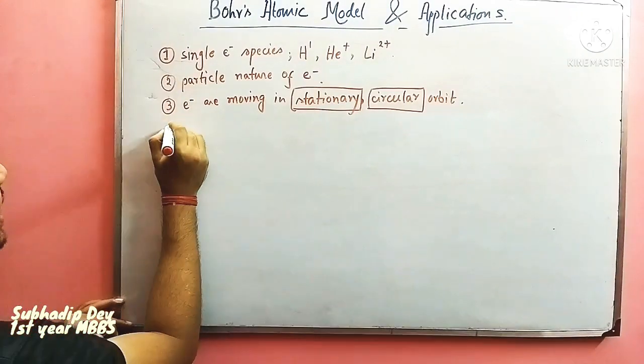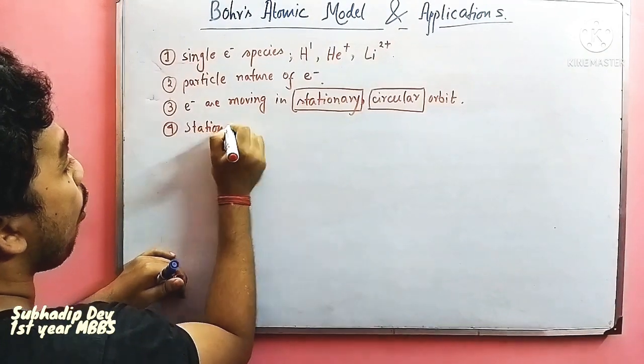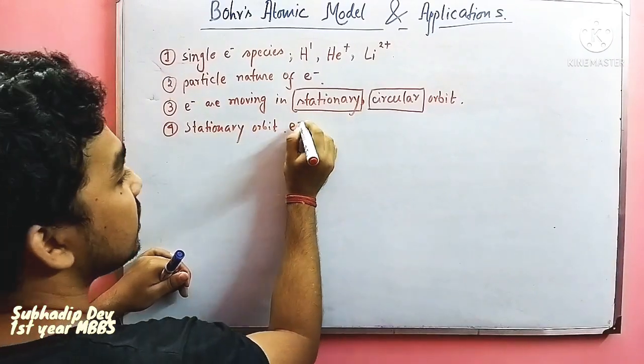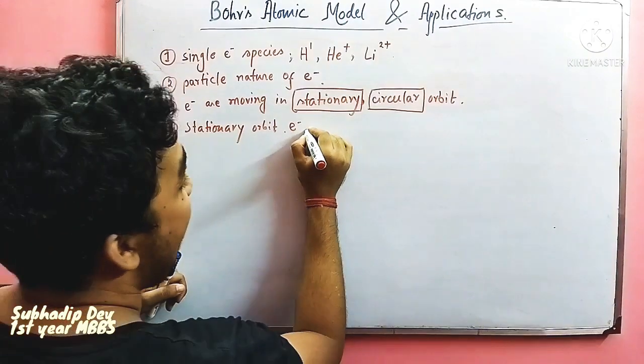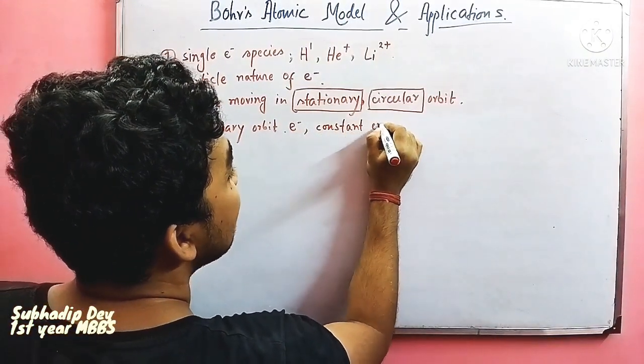And fourthly, he told that electrons moving in these stationary orbits have a constant energy level.